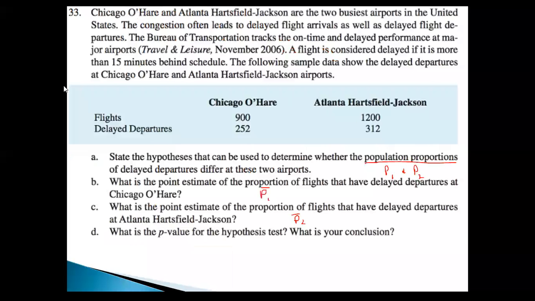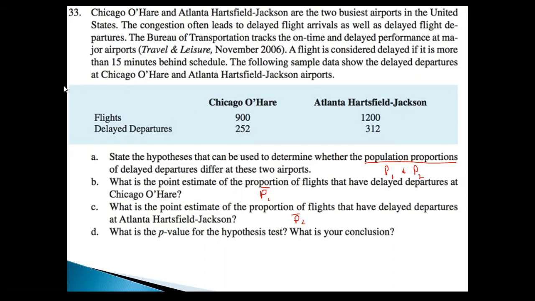What about this one? Chicago O'Hare and Atlanta Hartsfield-Jackson are the two busiest airports in the United States. The congestion often leads to delayed flight arrivals as well as delayed flight departures. The Bureau of Transportation tracks the on-time and delayed performance at major airports. A flight is considered delayed if it is more than 15 minutes behind schedule.